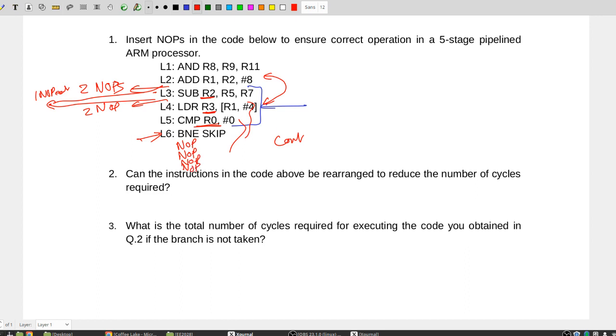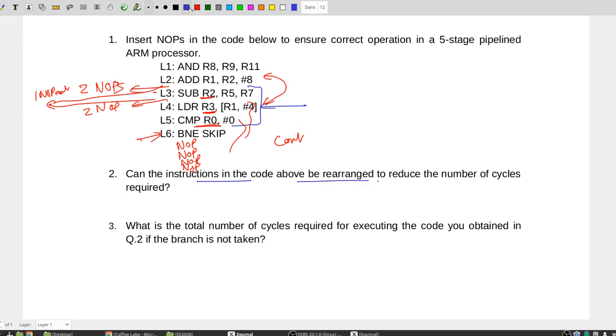Problem solved. Okay, so fairly easy. In fact, if you don't want to think too much, just think of it this way. Whenever there is a data hazard between 2 instructions, make sure that they are spaced by at least 3. If the spacing is not 3, insert the sufficient number of NOPs to make it 3. And whenever there is a branch, just put 4 NOPs after that. That's the basic idea.